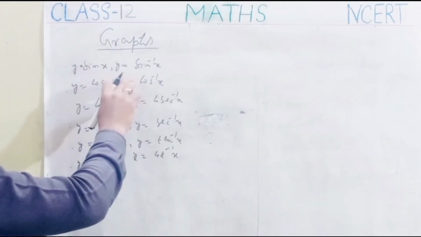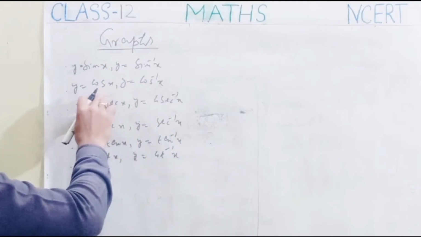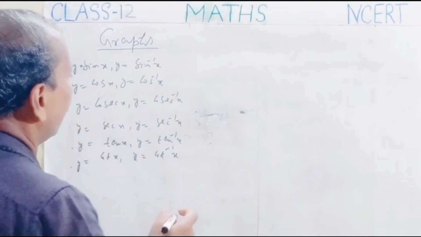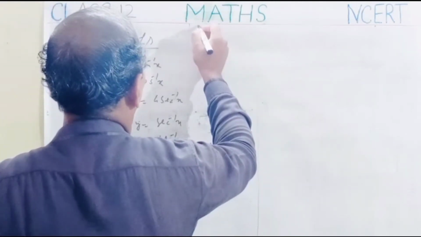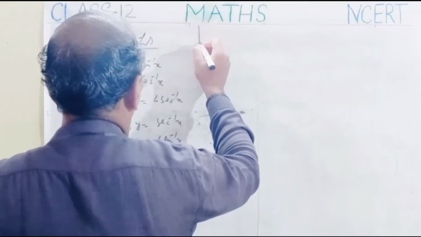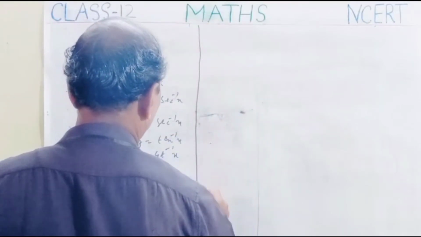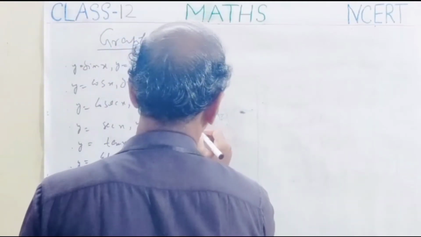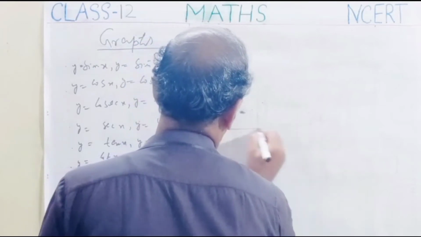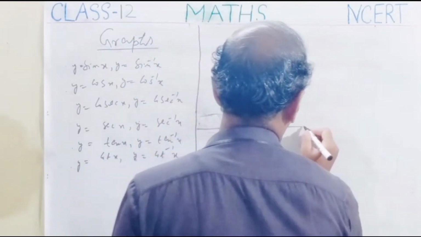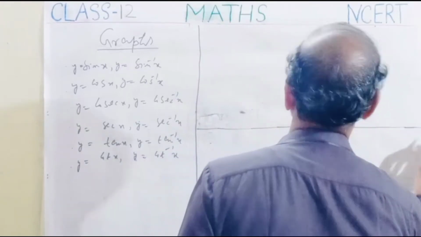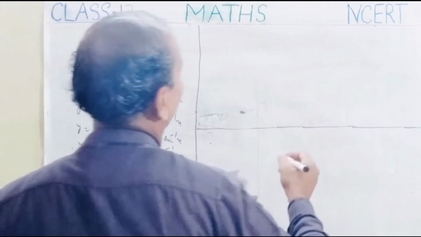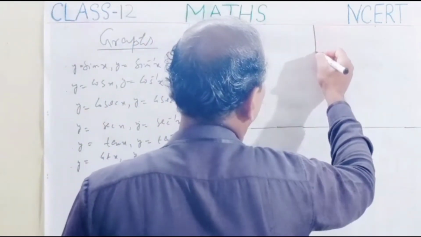I am taking y is equal to sin x, sin inverse x, then we have the cos x and cos inverse x. So for drawing the graph, I will start with y is equal to sin x and y is equal to sin inverse x. I'm taking the graph of y is equal to sin x and y is equal to sin inverse x.